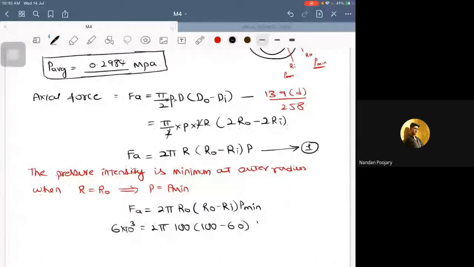So from this, can I have the value of P minimum? Whatever you get directly in megapascal, because you are substituting in mm there, so you will get Newton per mm square.